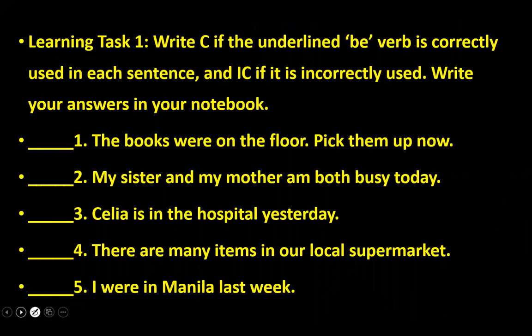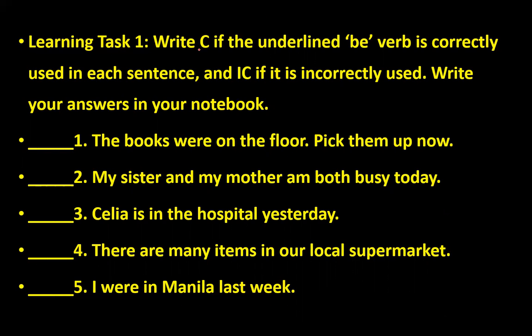We are just going to measure how much you remember of what you learned in your previous lesson. Now, learning task number one, you are going to write C if the underlined be verb is correctly used in the sentence, and I if it's not correctly used.